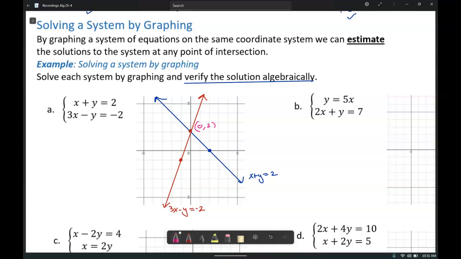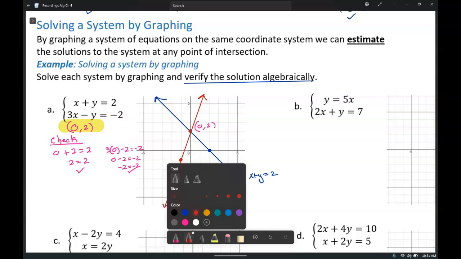So let's check our possible solution of 0, 2. We'll plug it into both equations and make sure we get a true statement on both. And since we do, then yes, that means 0, 2 is our solution.